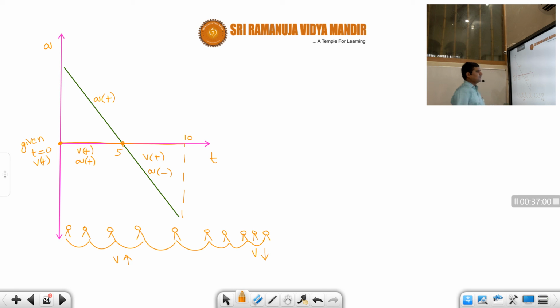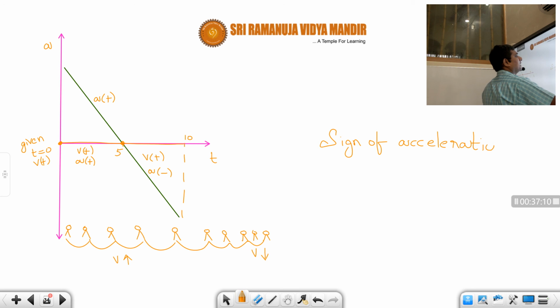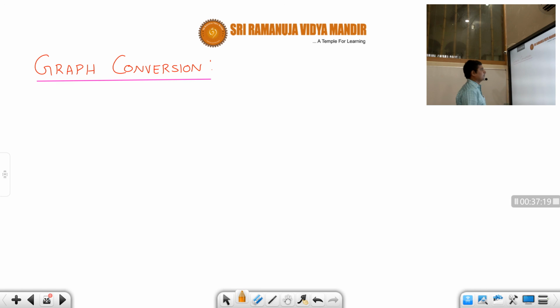Always remember, we should always see the sign of acceleration. The sign of acceleration is more important than the magnitude of acceleration. Just because the magnitude of acceleration is decreasing, we cannot say that the speed is decreasing. Okay, students, now let us take one last question, and afterwards we'll go to the graph conversion.